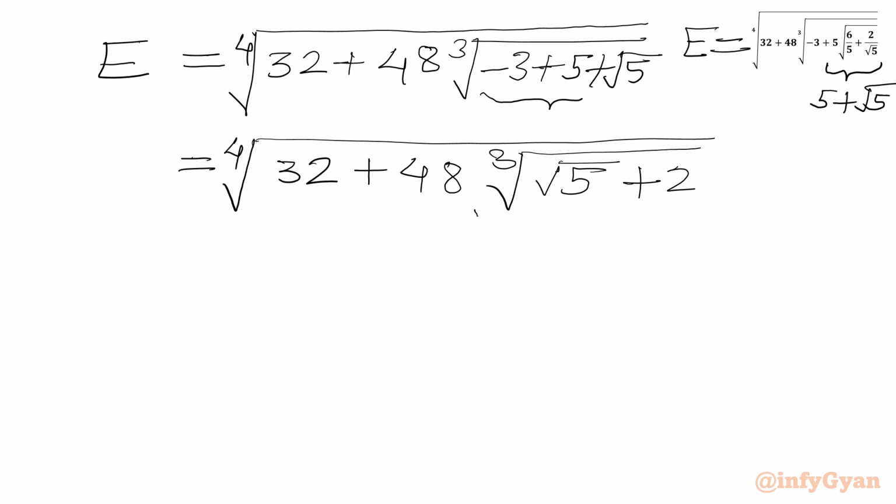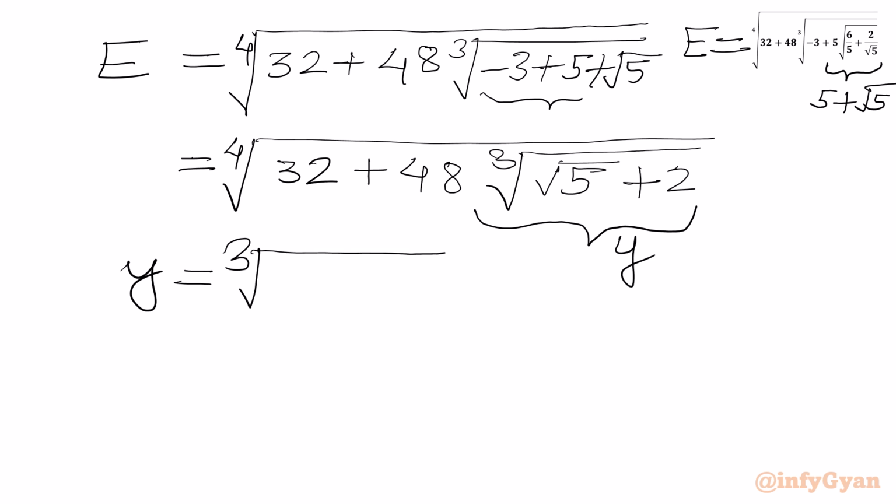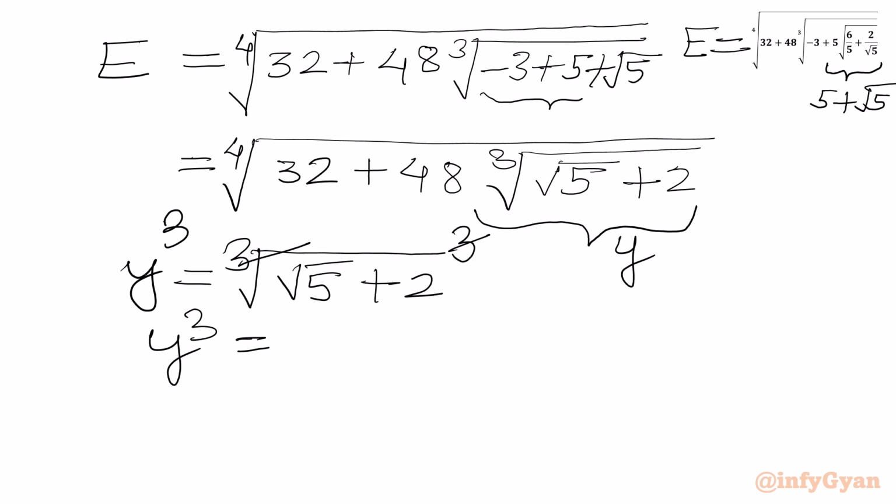Now I will consider this cube root equal to y. So I can write y equal to the cube root of square root 5 plus 2. Consider cubing both sides. We will get y cube equal to the cube root, and the cube will be over, square root 5 plus 2.